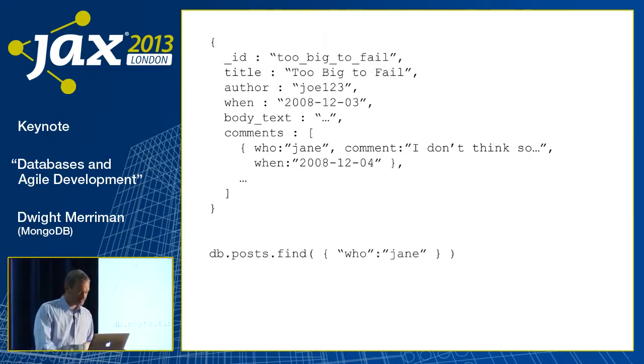So, for example, as a MongoDB query, find me all of the posts where Jane was a commenter, right? So you can do things like this, and if you imagine doing this in relational, your query would be no shorter in this particular case. But of course, that's because I designed a schema that facilitated this in the first place.